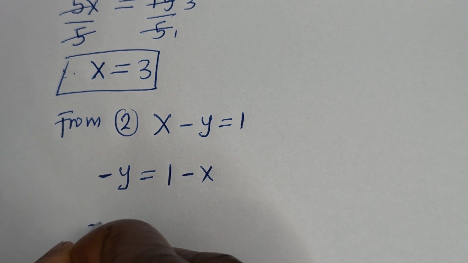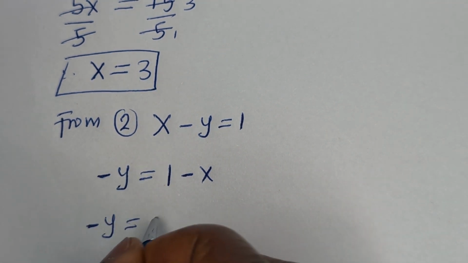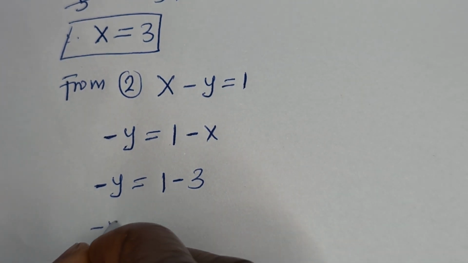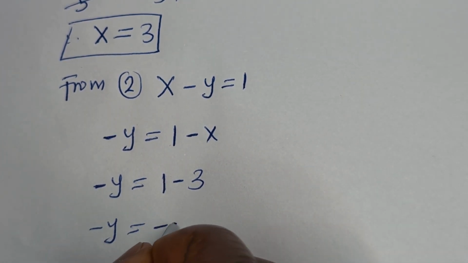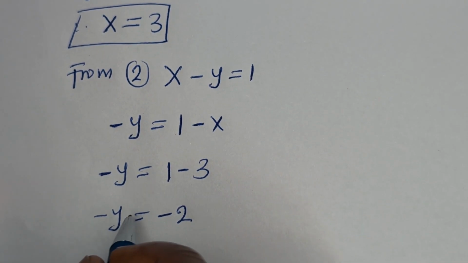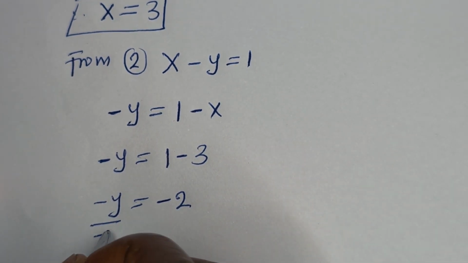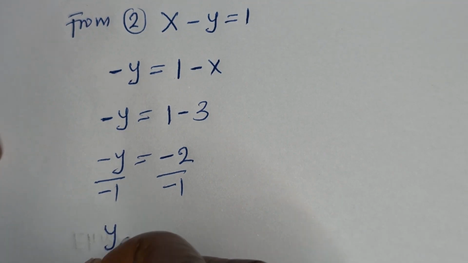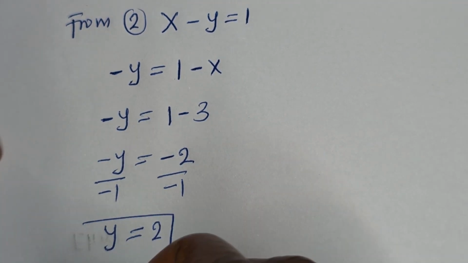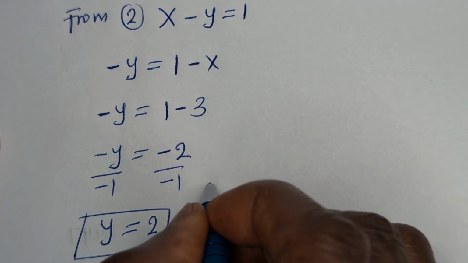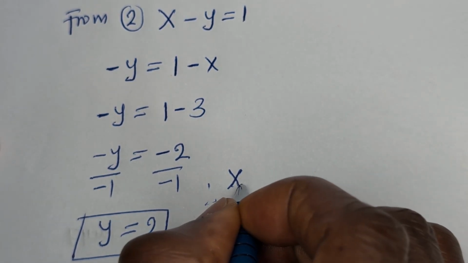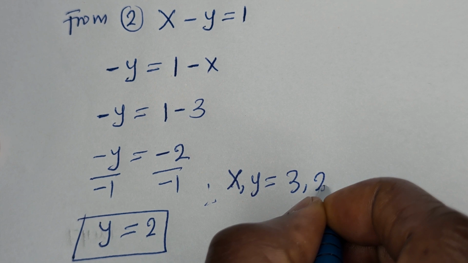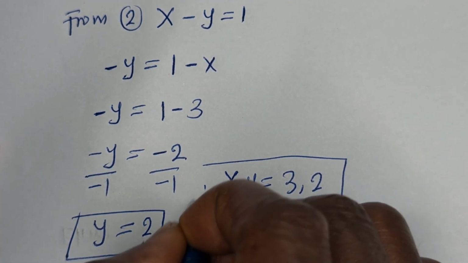Minus y is equal to 1 minus 3, which is minus 2. If you divide both sides by minus 1, y is equal to 2. Therefore, our final answer, x, y is equal to 3, 2 using elimination method.